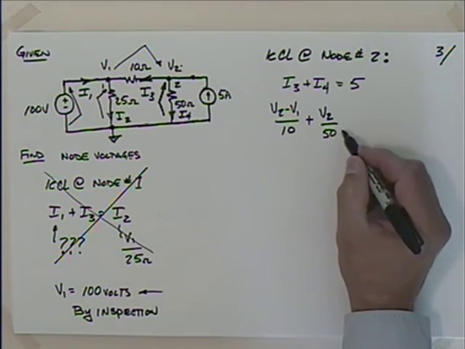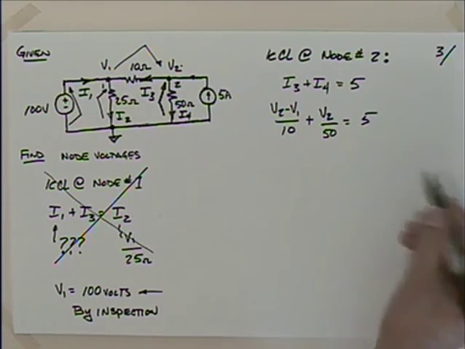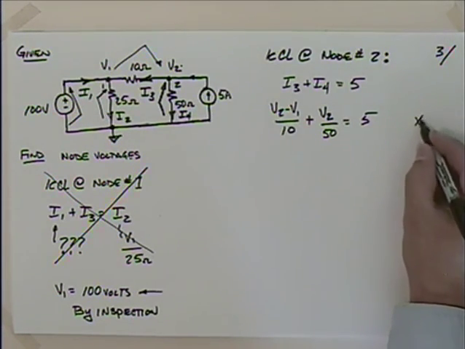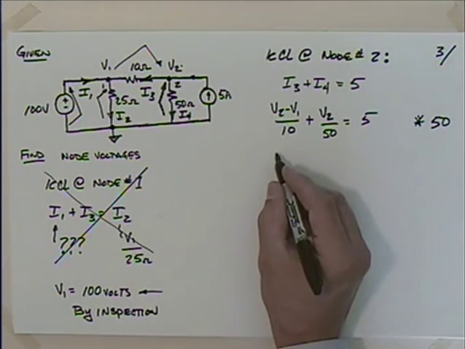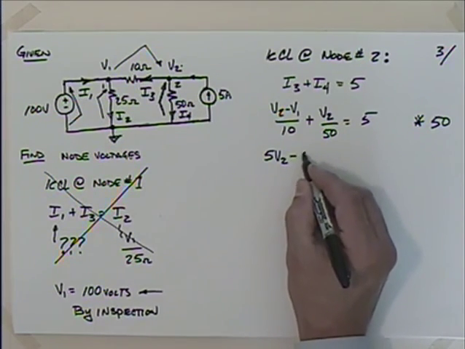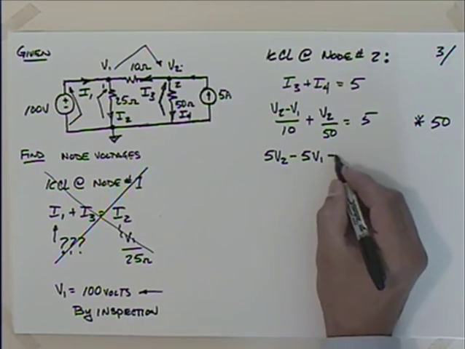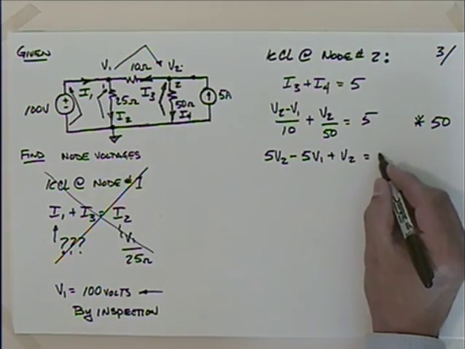So V2 over 50 is equal to 5. Why don't I multiply this thing then by 50? When I do that, I've got 5V2 minus 5V1 plus V2 is equal to 250, right?